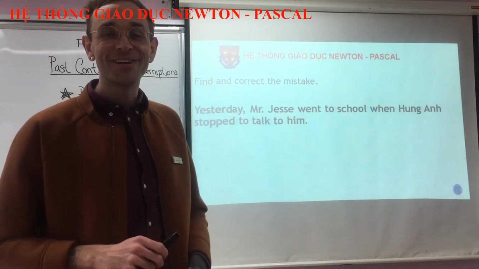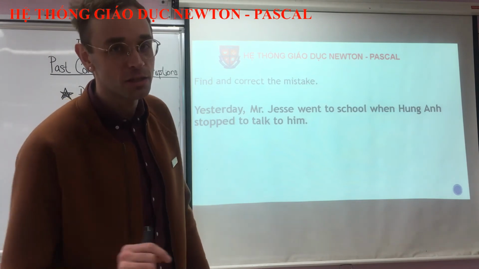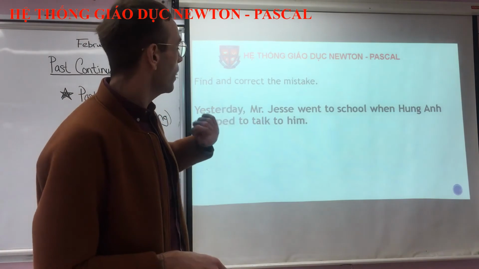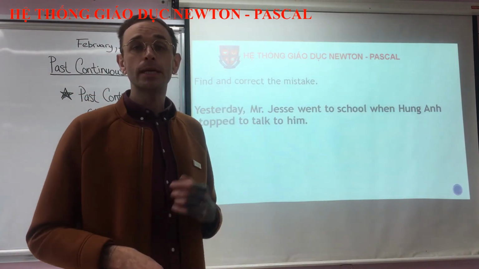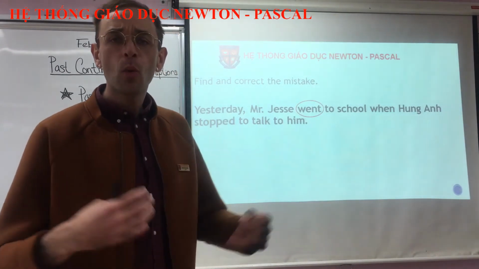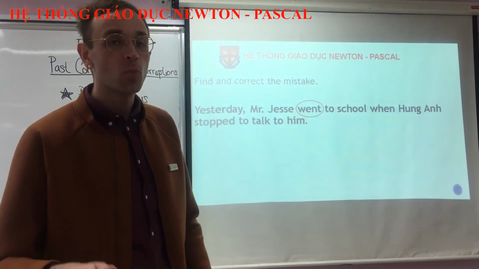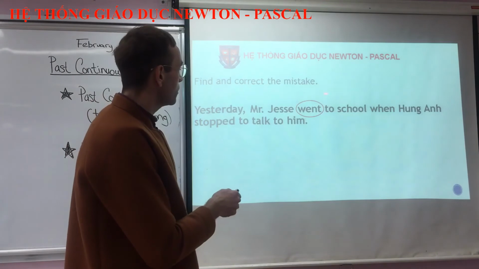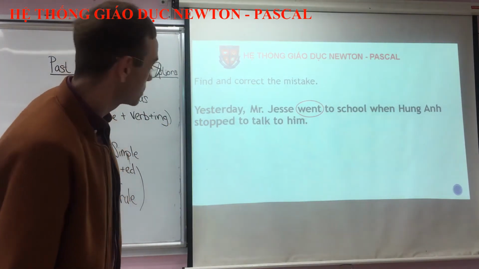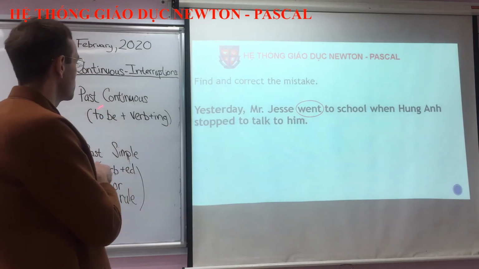All right, are you ready? Let's check our answers to see if it's correct. Did you find the mistake? Well, the mistake in this sentence is the verb went. Why is this a mistake? Well, remember, this verb should be in the form what? That's right, past continuous.